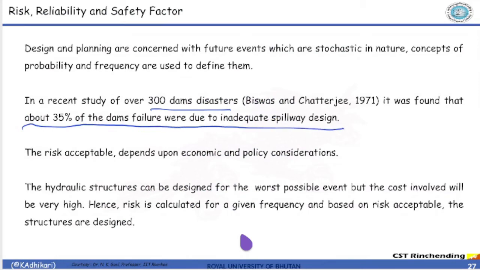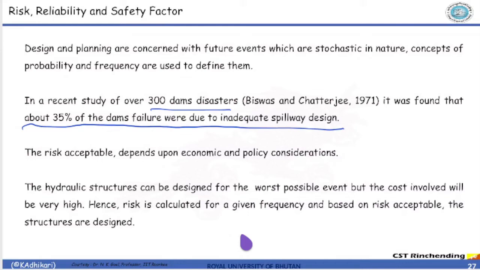The reason they did not design the spillway adequately is because their calculations were mistaken. They have not taken the risks into consideration. When they don't consider a factor of risk, then this kind of mishap can happen.